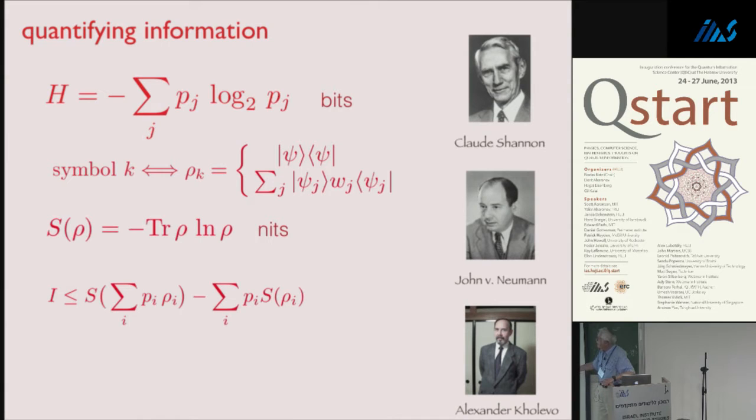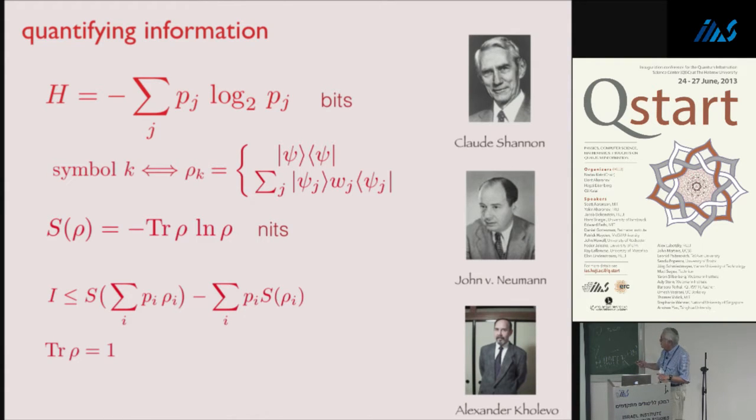The p_i are the probabilities of these particular states, and S is always a positive functional. Therefore, you can bound I by just the von Neumann entropy of this particular weighted sum, which I shall call this state, and that state has, of course, to be normalized to unity.